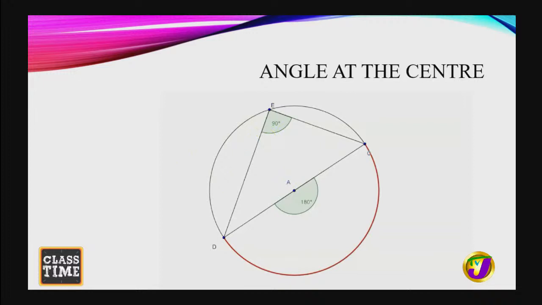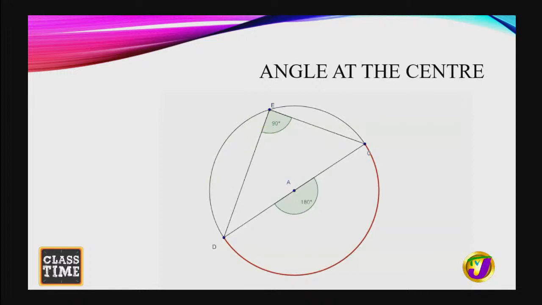Yeah. And one of the things I was seeing, I hope you're seeing the same thing, is that the angle at the center is always double the size of the angle at the circumference. Yes, I'm seeing that.